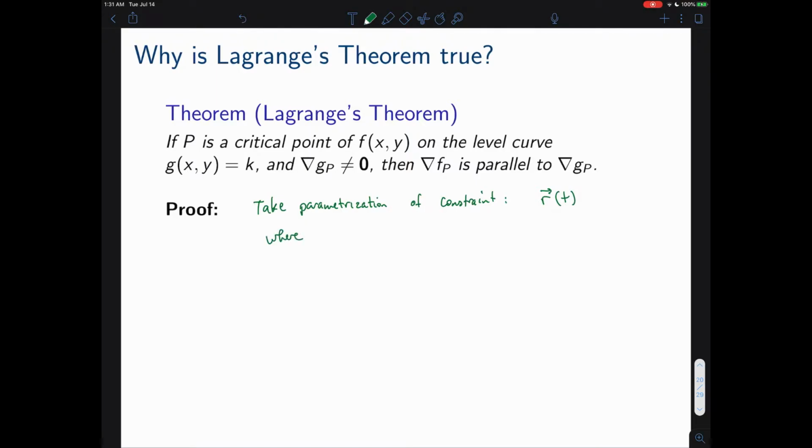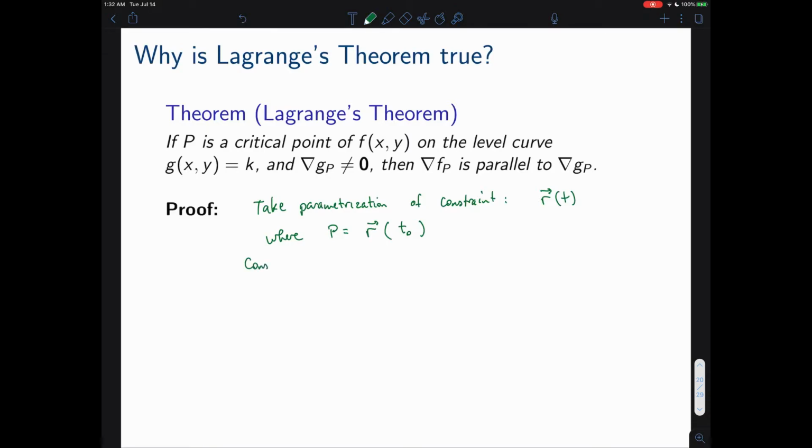And this r(t) goes along the curve. It goes through point P. So let's say that P is r of something, well, let's just say t0, some particular initial time or whatever when it goes through that point on its way along the curve.